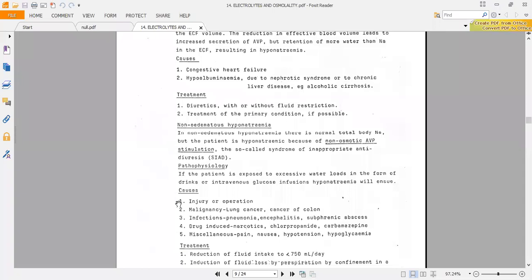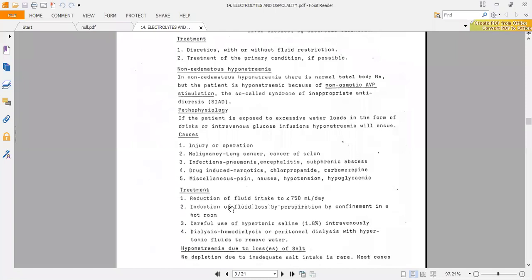Some infections like pneumonia and encephalitis, infections of the lungs and the brain, can also trigger ADH to be released. Then some other drugs, and the things we talked about, pain and nausea, can all lead to inappropriate ADH release. The treatment is almost the same.